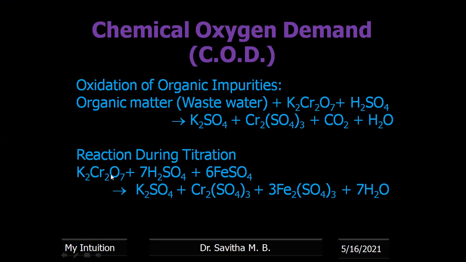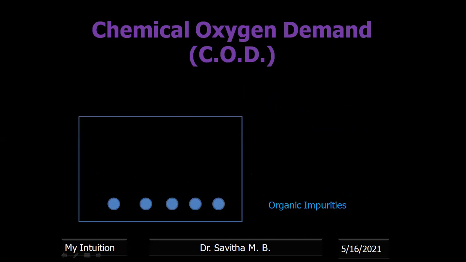How much is present can be found out by titrating against ferrous ammonium sulfate. Okay, FAS solution, Mohr's salt. So as much potassium dichromate is present, so much FAS will be consumed, and the indicator used here is ferroin indicator.